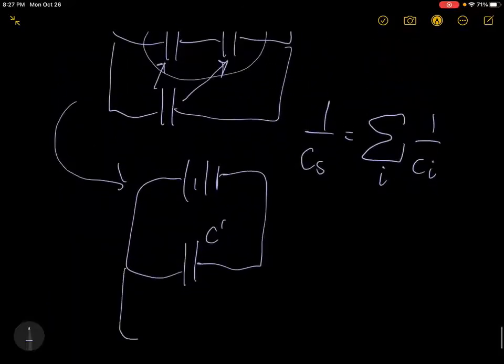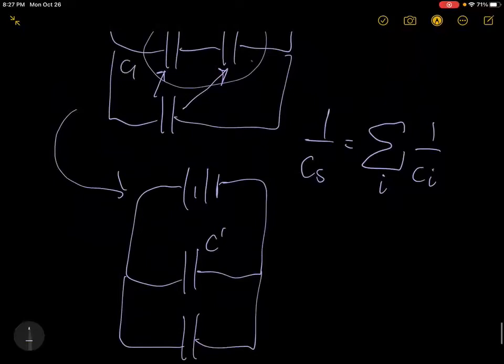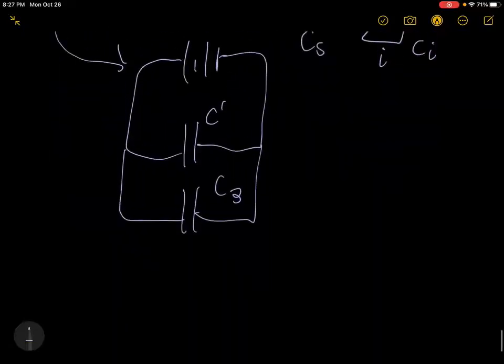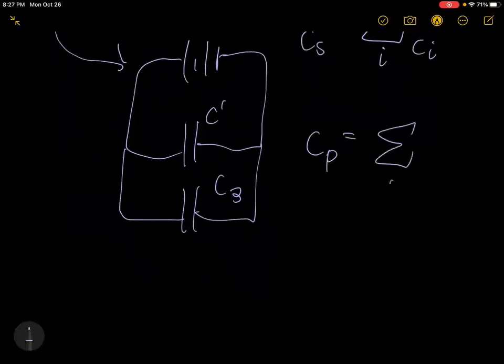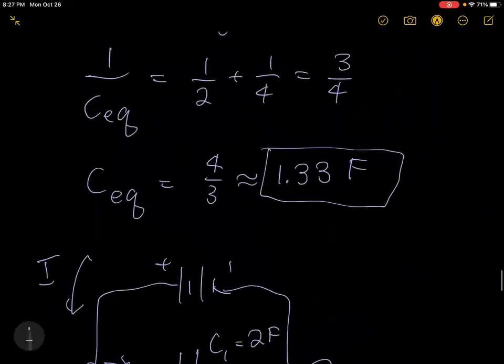And then we would have the other original capacitor, so if we call these C1, C2, C3, this one would still be C3. Now all we have to do is combine these two in parallel using this formula. So the equivalent capacitance would just be C prime plus C3. And boom, we would have the equivalent capacitance. It's not too bad.